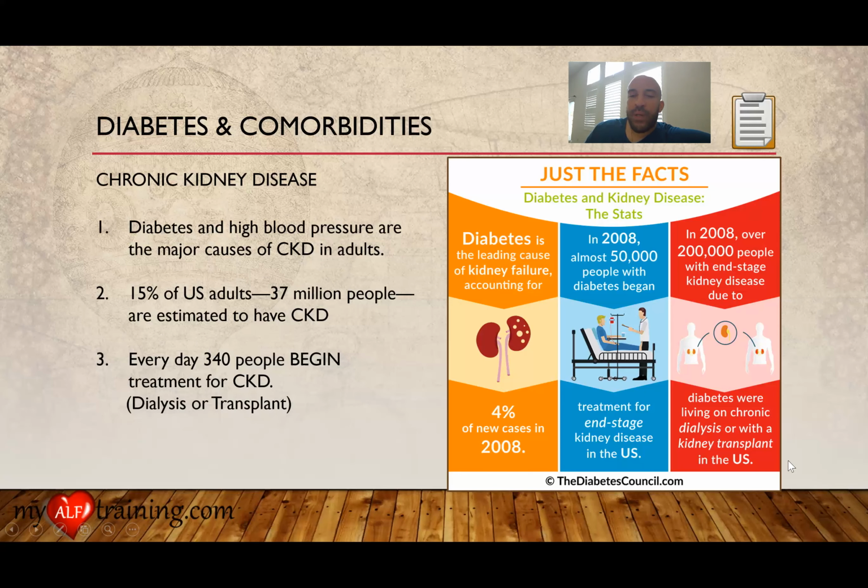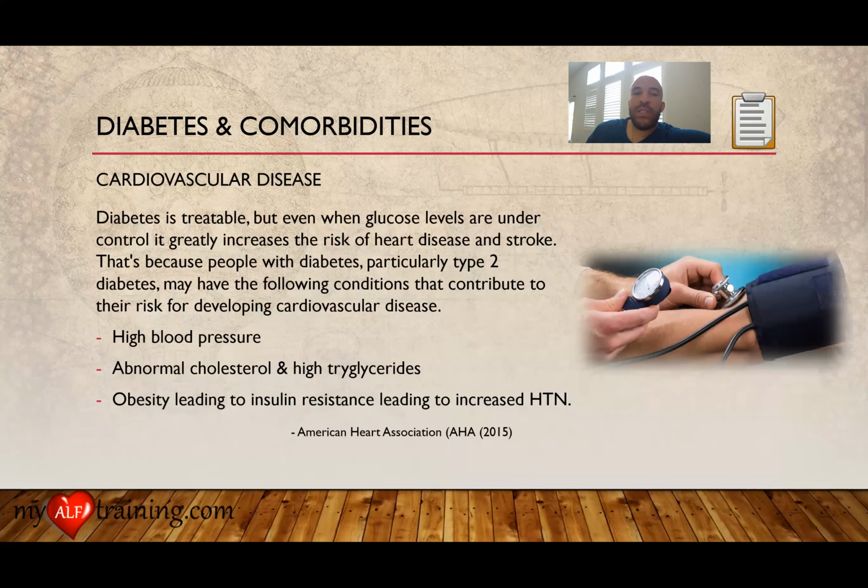So chronic kidney disease, hypertension, and our last one is just generally cardiovascular disease. Diabetes is treatable, but even when glucose levels are under control, it greatly increases the risk of heart disease and stroke.